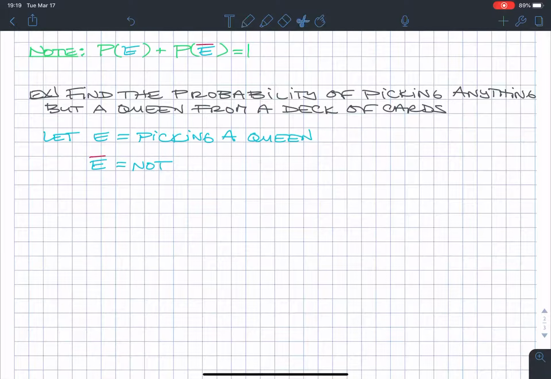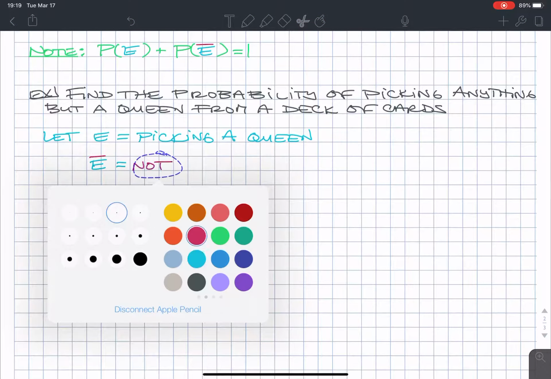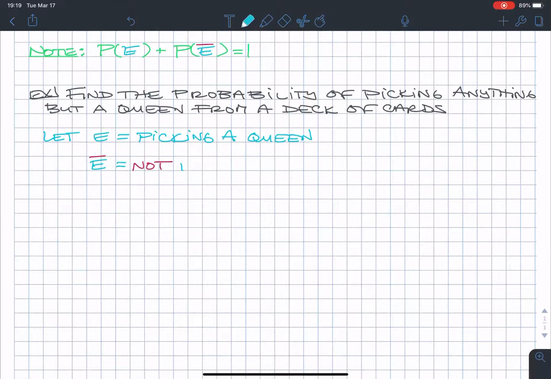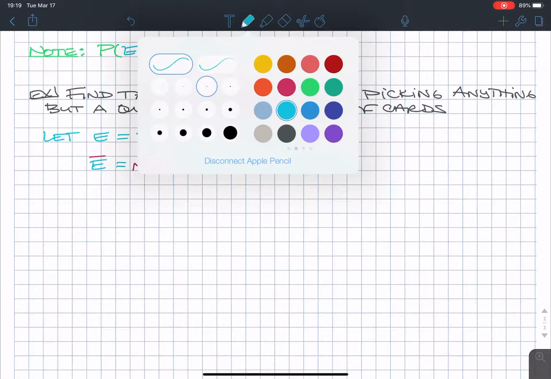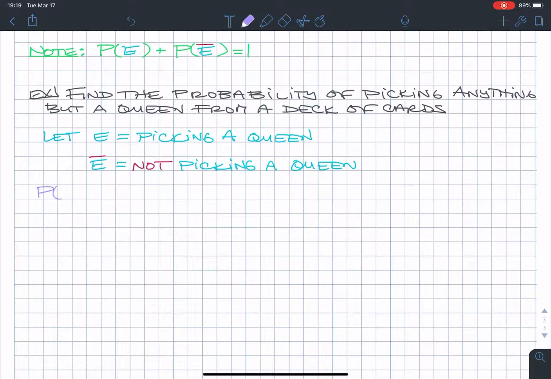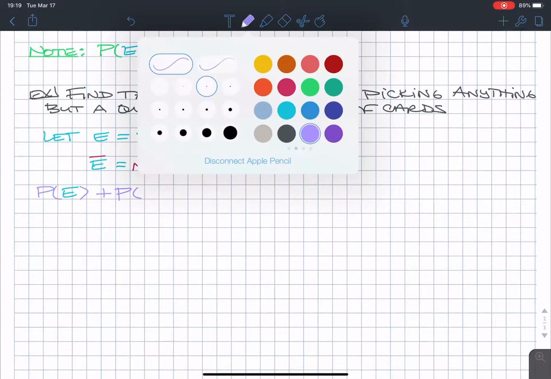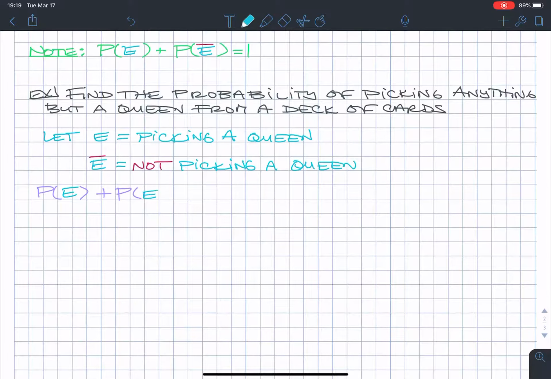So not picking a queen, which is what we want to do. We want to not pick a queen in a deck of cards. Well, what do I know? I know that the probability of event E picking a queen plus the probability of the complement to E not picking a queen, that always sums to 1.